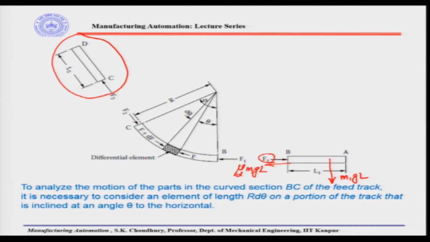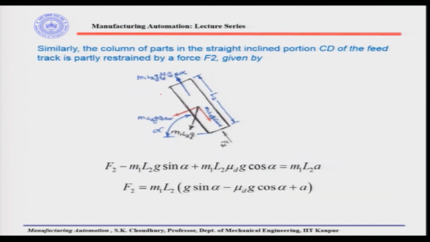Similarly, F2 is the force imparted on the parts located here by the parts located at the sector CD. If the length is L2, this is F2, the reaction force coming here.